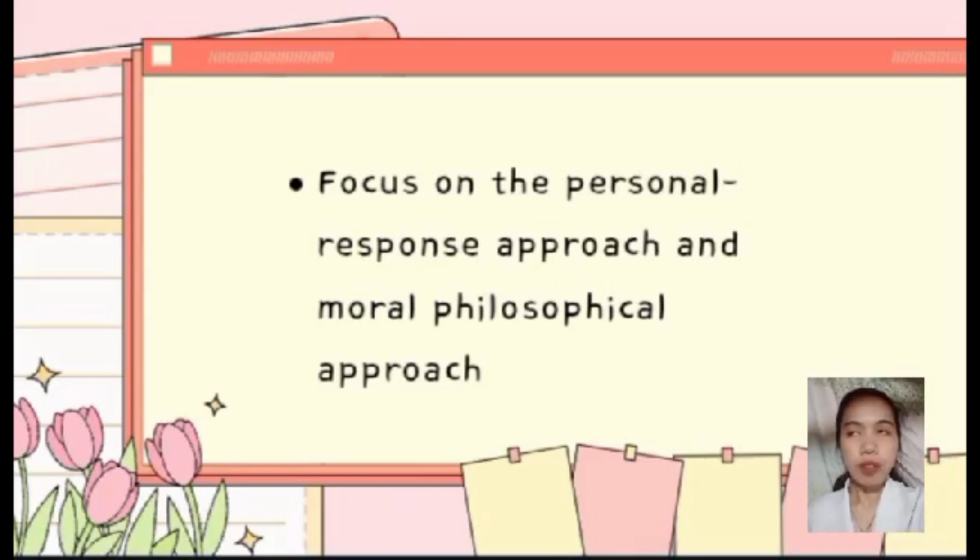So it seeks opportunities for students to relate and respond to the themes and issues by making connections to their personal lives.